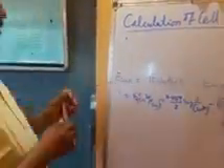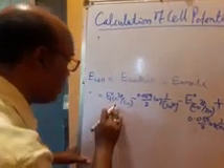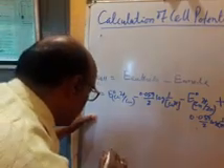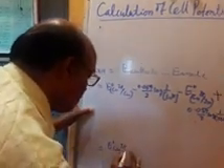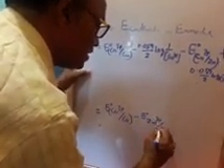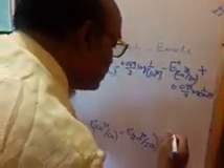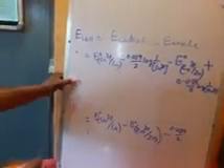So then what will be the value of E cell? E cell will be equal to E naught cathode minus E naught anode, that is E naught Cu2+ by Cu minus E naught Zn2+ by Zn, minus 0.059 by 2 log 1 by concentration of Cu2+, plus 0.059 by 2 log 1 by Zn2+ concentration.